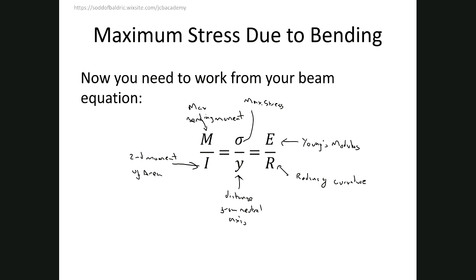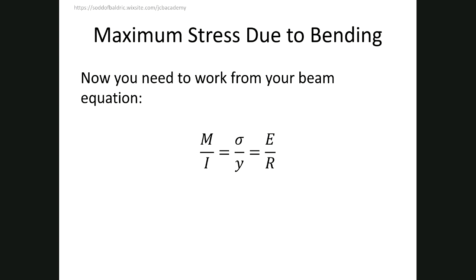So the maximum stress due to bending, we need to know the second moment. So we've got the maximum bending moment, we know the distance from the neutral axis from our question, we need to know the second moment of area. Okay, so looking back at our question, we know that the breadth of the beam was 0.5 meters and the depth of the beam was 0.2 meters.